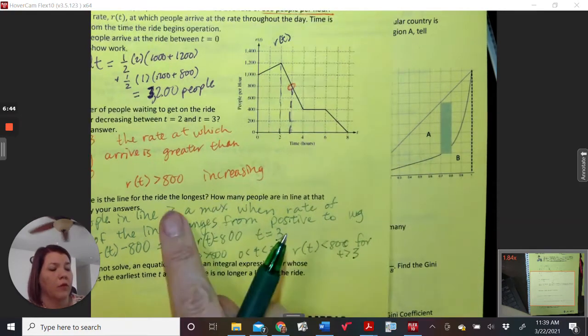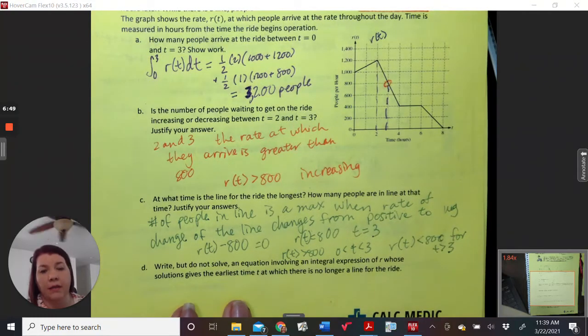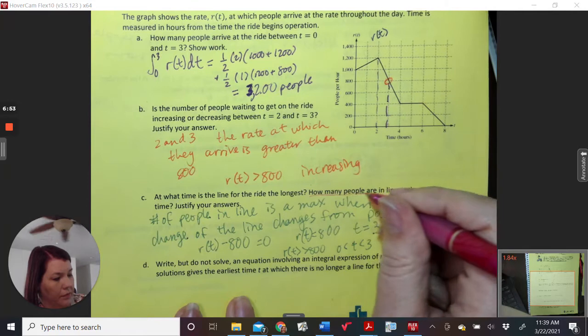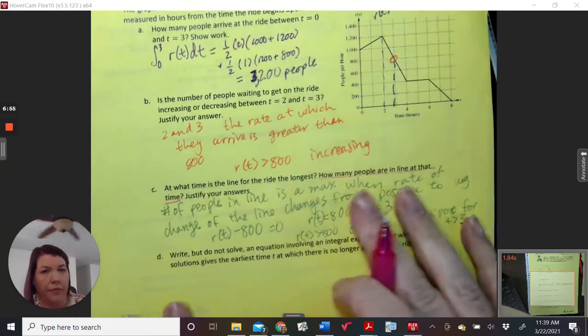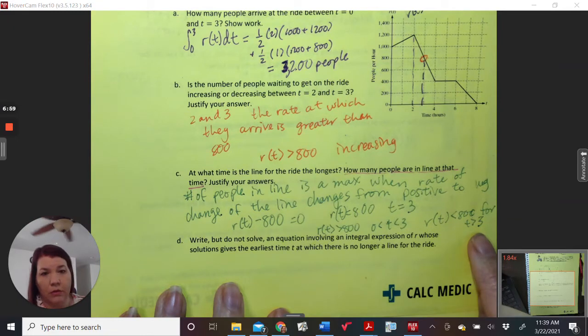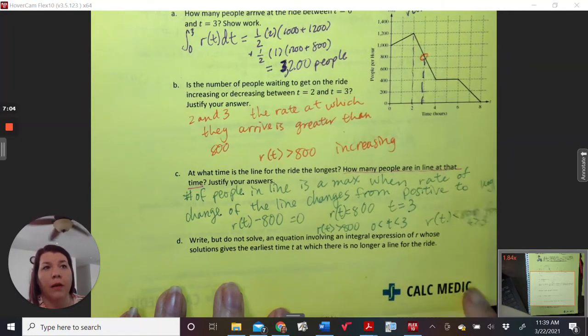When is it longest? How many people are in line at that time? And justify your answer. So let's do this part. And we'll do it over here. So time 3 is when it switches. So at time 3, how many people are in line?